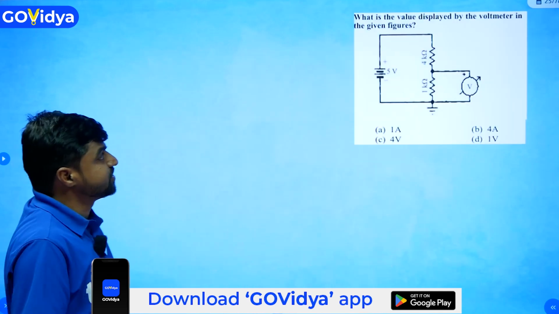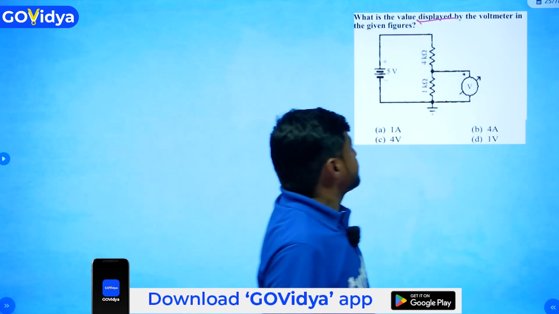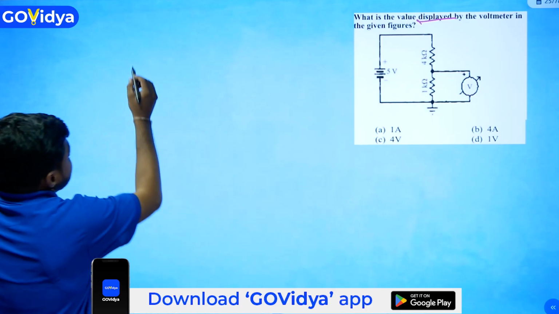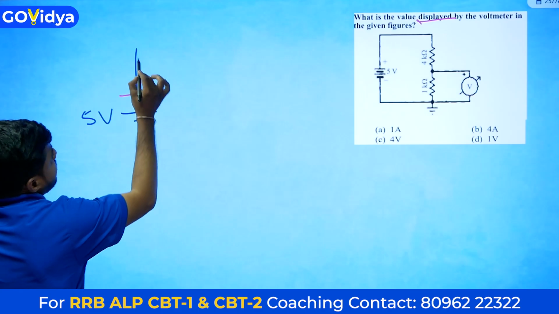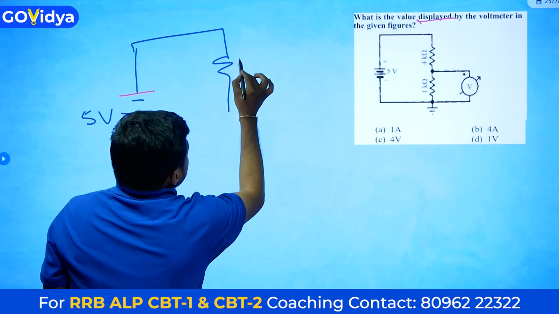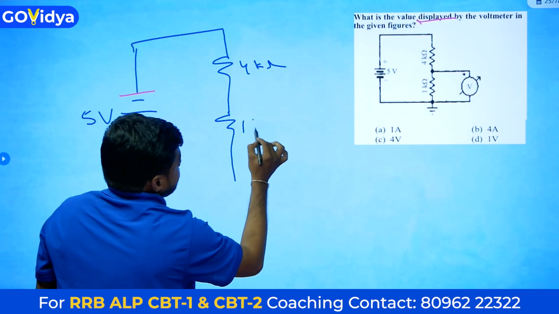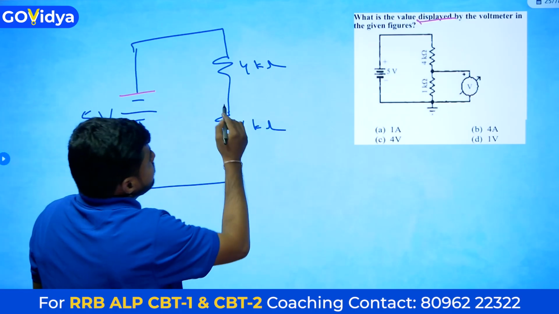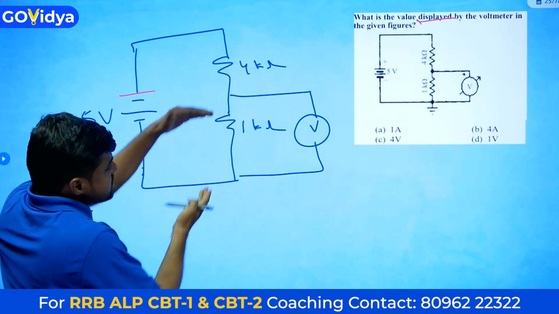Next question. What is the value displayed in the voltmeter in the given figure? Here 5 volts is there. I will read out the circuit. 5 volts, 4 kilo ohm and 1 kilo ohm are connected in series, and the voltmeter is connected across the 1 kilo ohm.